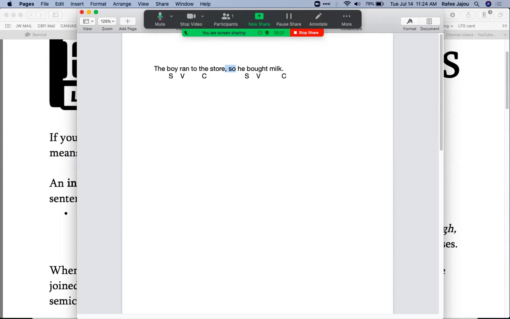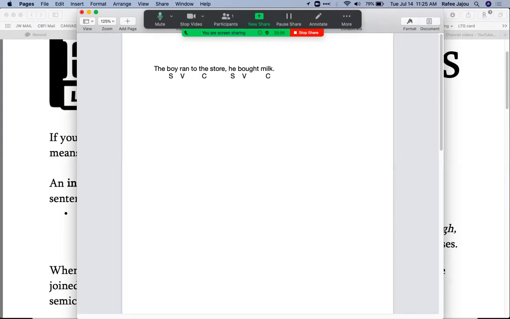You're good to go. You're golden. It's not a run-on. You've just joined two independent statements right here with this. This is like the link to the whole thing. But if you do not have a connecting word, you have a run-on. Simple as that right there. Okay, guys? So that's basically the rules on run-ons.